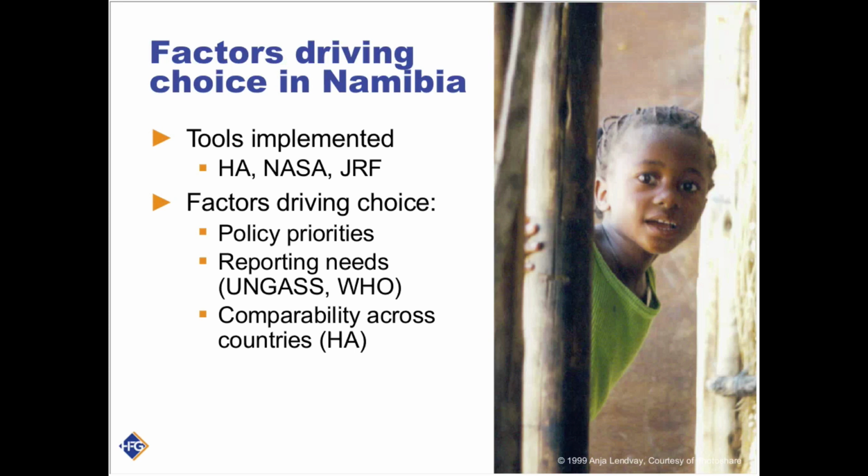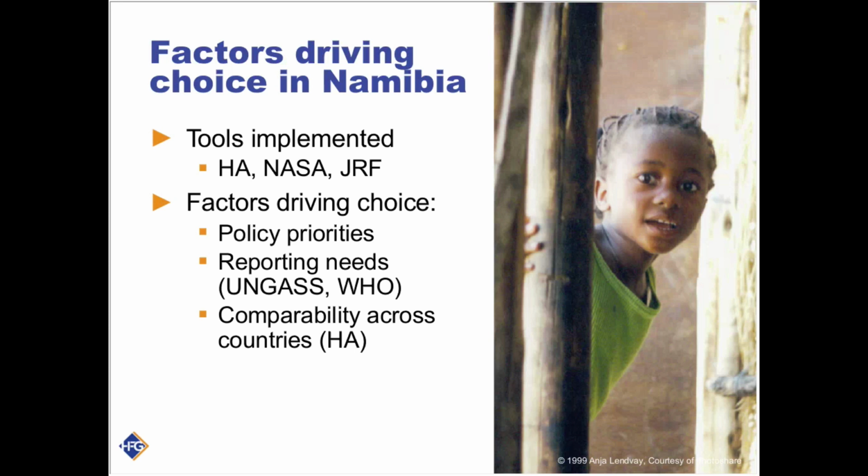Now, the factors of choice were mainly 3 items: policy priority, the reporting needs to UNGAS as well as to World Health Organization, and our comparability across countries with regard to health spending.